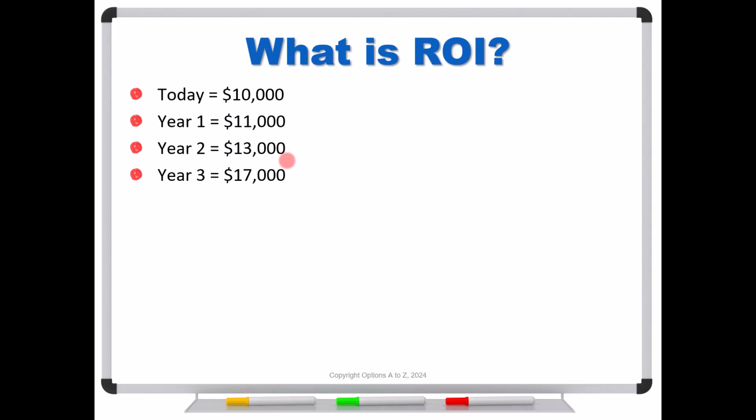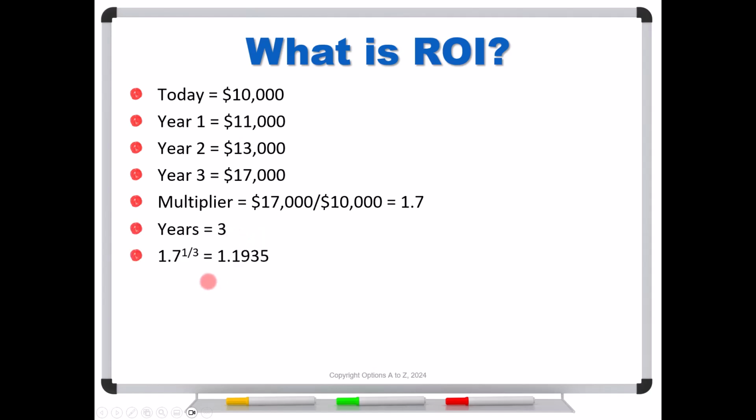Now, what's the multiplier there? Well, you should be able to figure out going from 10,000 to 17,000 is 1.7, but you can just divide the ending balance by the beginning balance. So 17,000 divided by 10,000 is 1.7. We have increased our money by a factor of 1.7 over 3 years. So the number of years is 3.